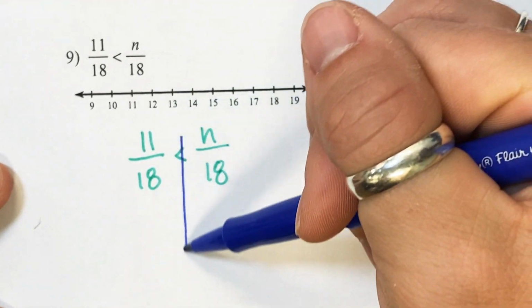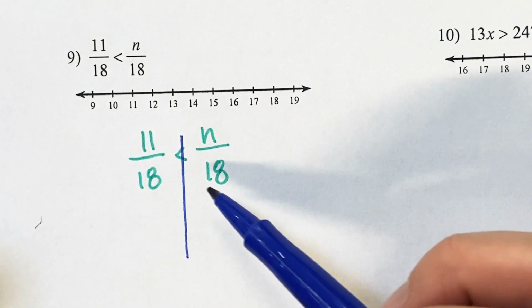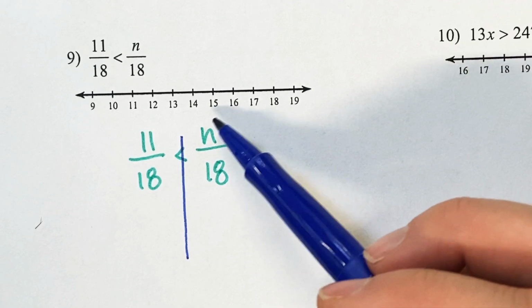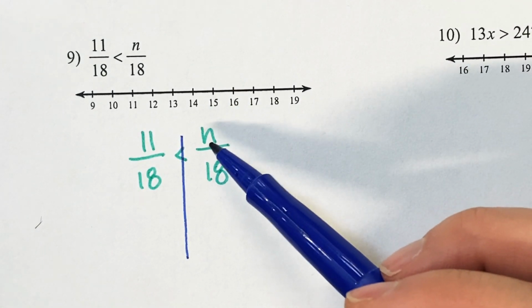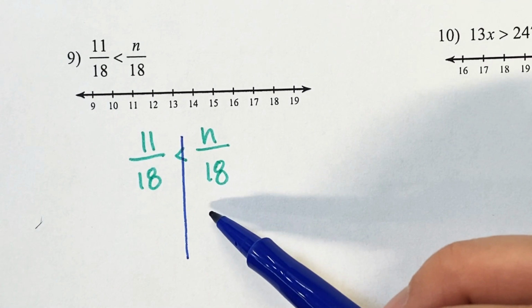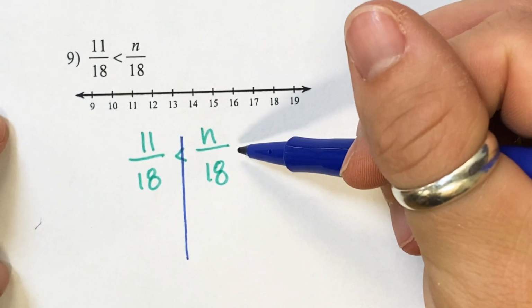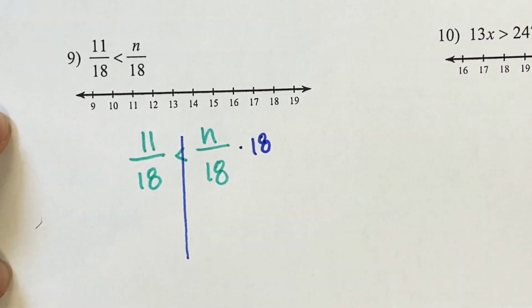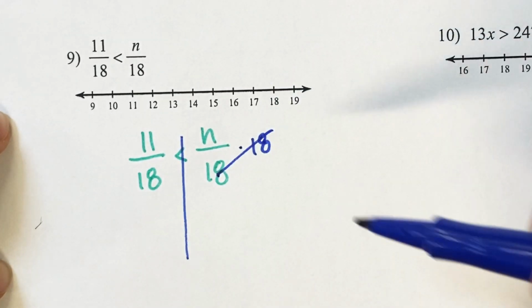So draw your line down your equal sign. The only thing attached to my n, because you're trying to get the n by itself, right? The only thing attached is this divide by 18. And the opposite of divide by 18 is multiply by 18. That is how we untie it.